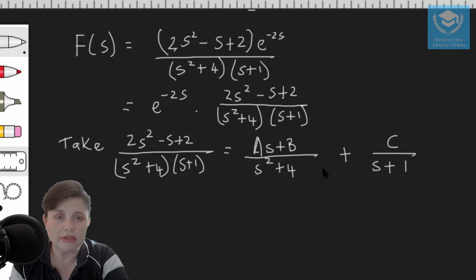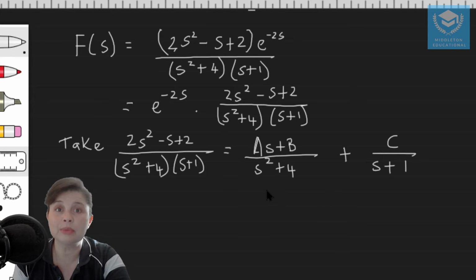And then you can solve that using partial fractions, and I'm not going to do that. You can refer to one of my previous videos. I'll put a link in below to how we use partial fractions in order to solve that.